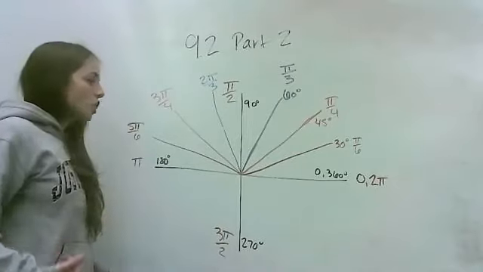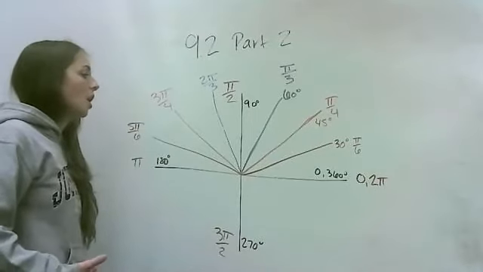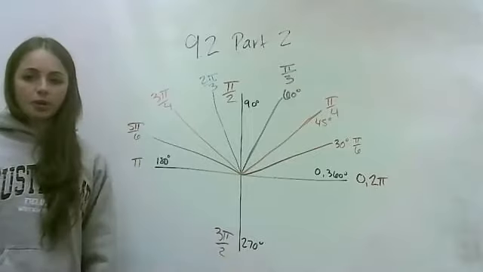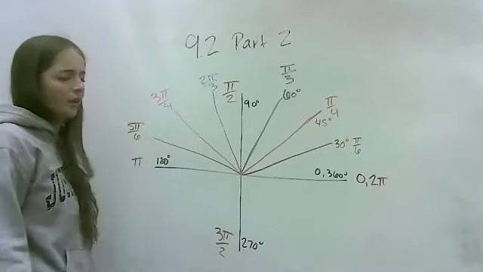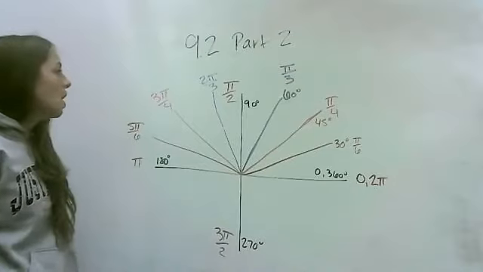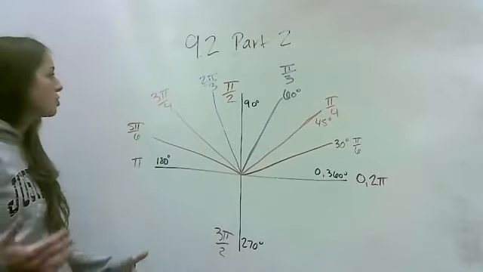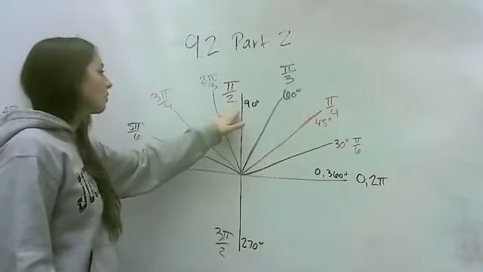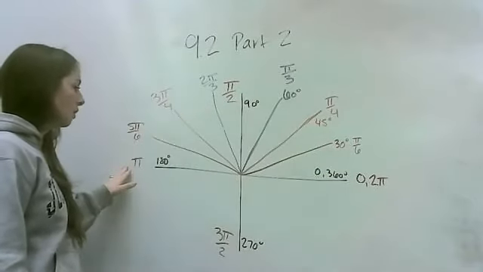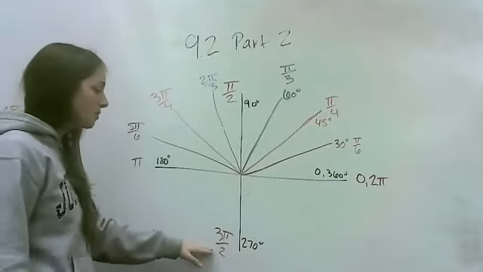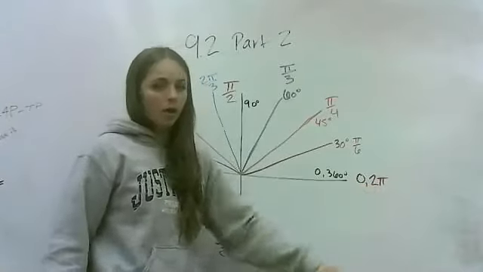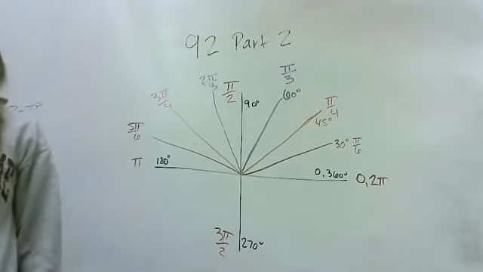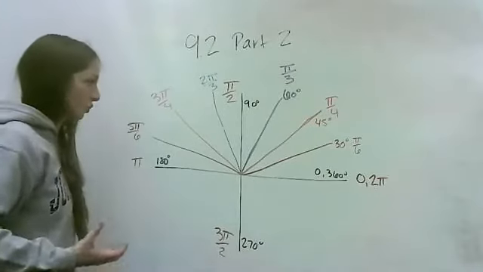Your job may be, for example, to sketch the angle 3 pi over 4 on your graph. You would have to decide whether 3/4 lies between 0 and 1/2, 1/2 and 1, 1 and 3/2, or 3/2 and 2. You can almost not pay attention to the pi symbol and just look at the fractional version of it.